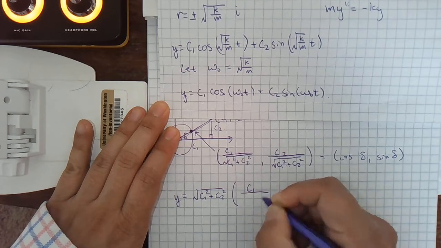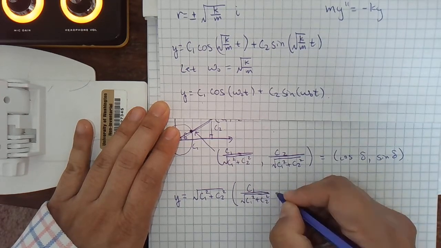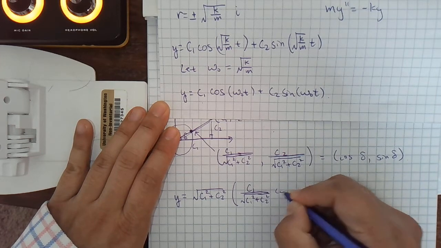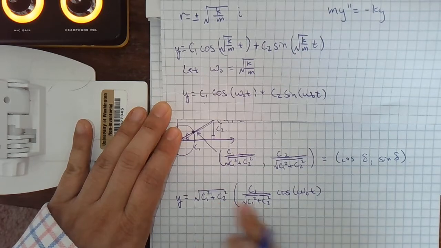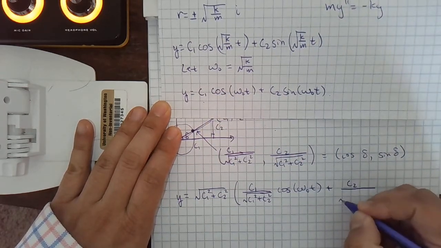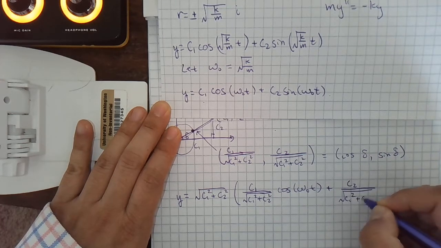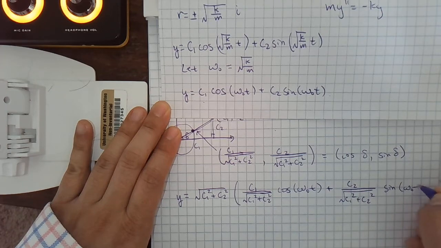I'm going to get C1 over the root of C1 squared plus C2 squared, cosine omega naught t. So everything here is the same, and once I distribute this, I should get back to this equation. Plus C2 over the root of C1 squared plus C2 squared, sine of omega naught t.